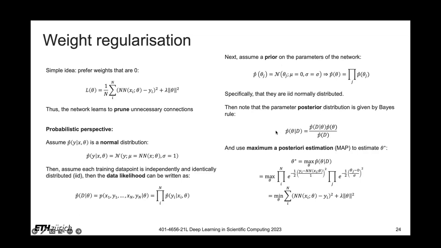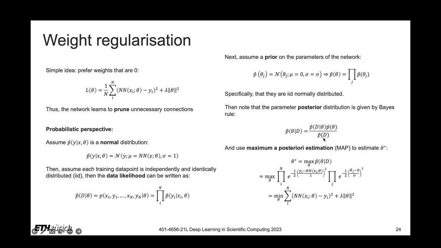Then instead of maximizing the probability of the data given the weights, or the values of theta, what we really want to do, in terms of probabilistic modeling, is get the posterior of the weights. We want the probability of the weights given the data, which is the flip the other way around. This is given by Bayes' rule, which is the probability of the data given theta, so this is our data likelihood, times our prior, divided by what we call the evidence term, the probability of our training data.